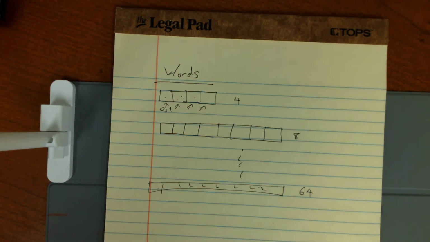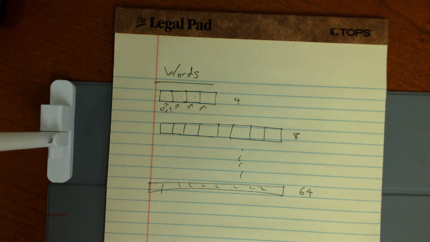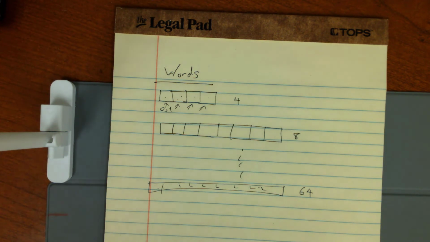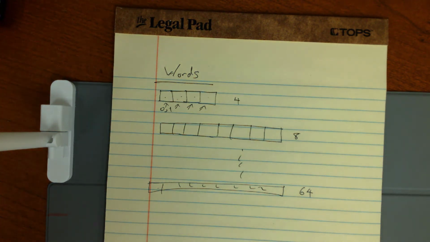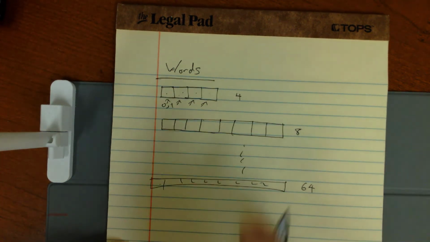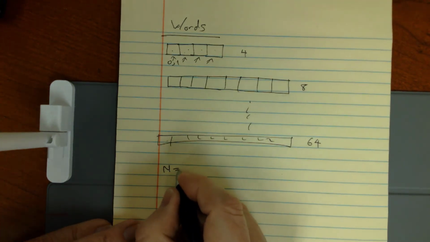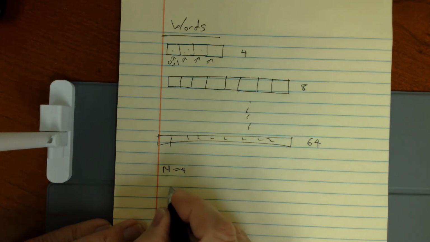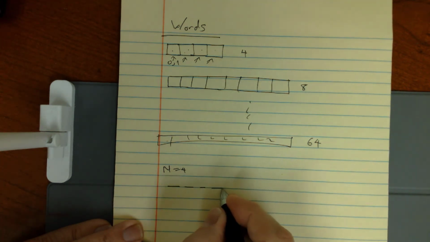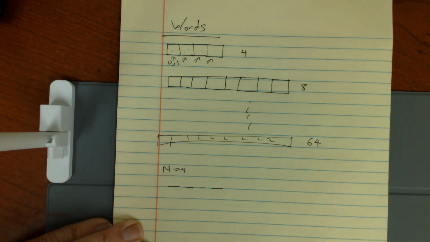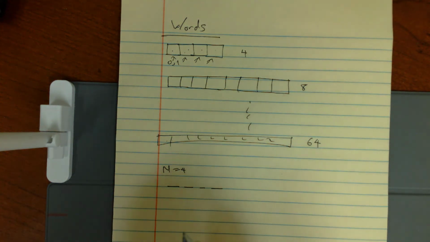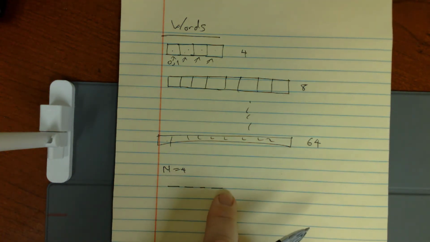So a natural question is, how big of a number can you store in this? Let's start with 4 bits, with n equal to 4. We've got these positions that are either 1 or 0. How would you make this number as big as possible?